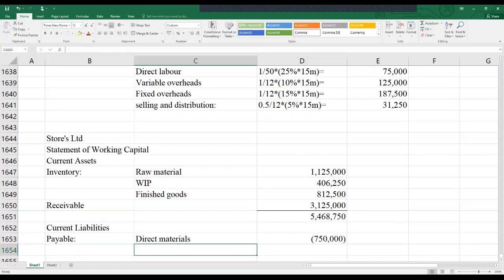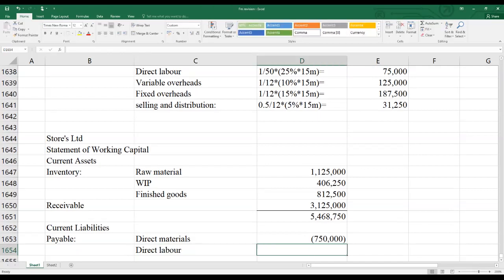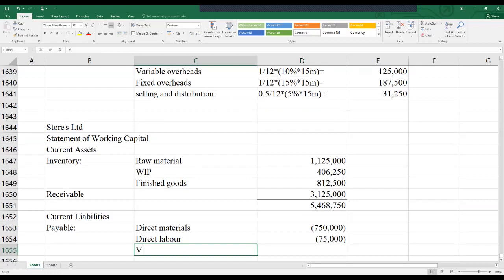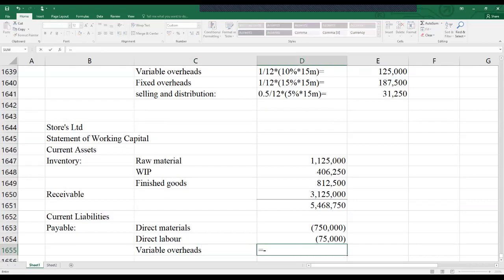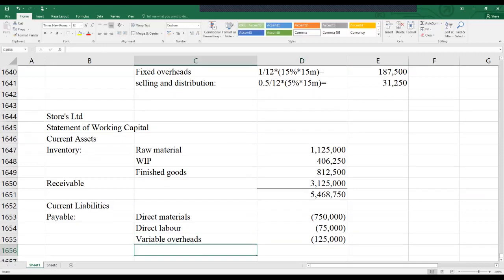Suppliers for labor, negative, I have it here. Then you have suppliers for variable overheads, and the amount the company owes them is 125,000.